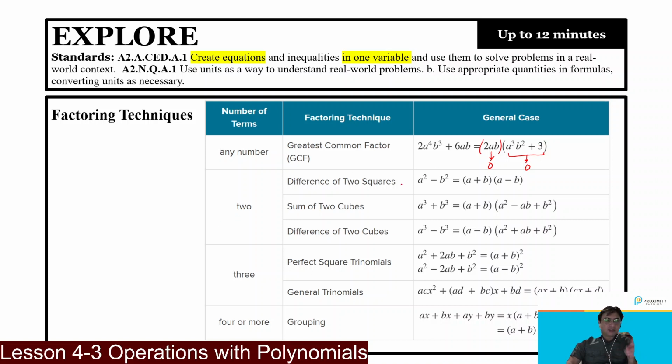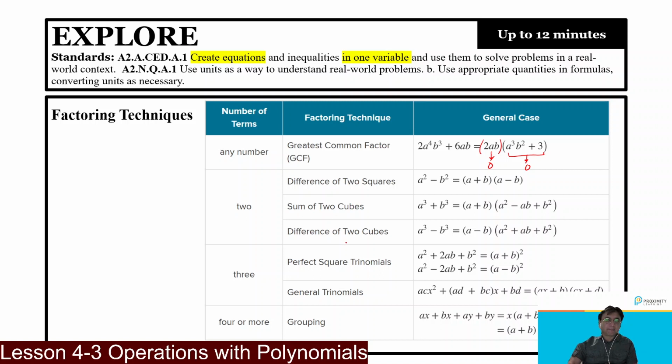When you have two terms, when it's a binomial, like a squared minus b squared, or a squared plus b squared, or a cubed plus b cubed, or a cubed minus b cubed, then we can use the difference of two squares, sum of two cubes, difference of two cubes.